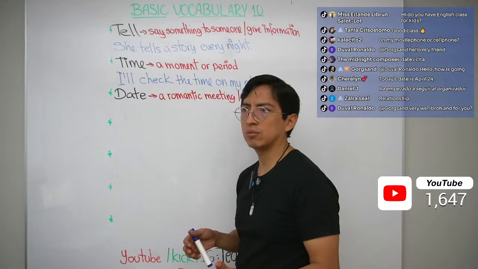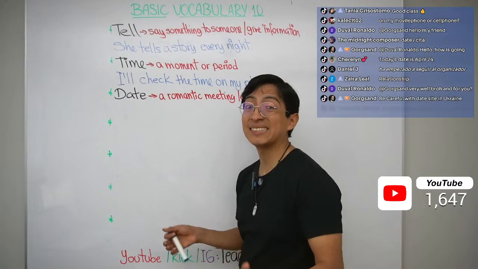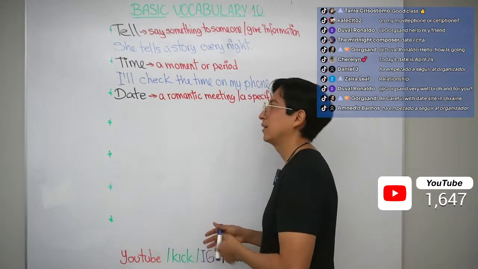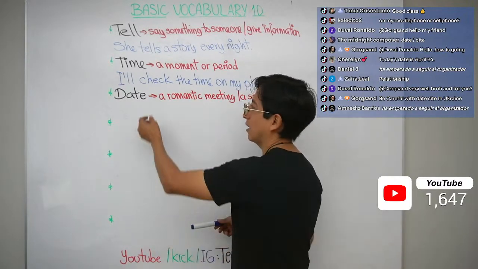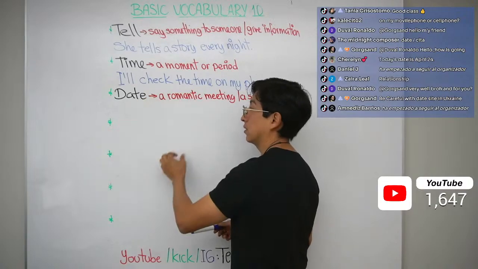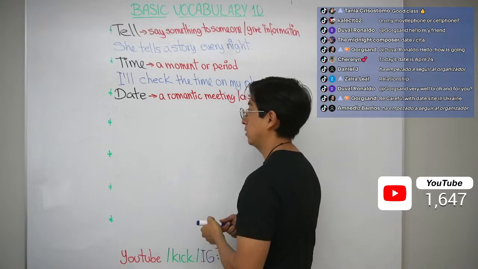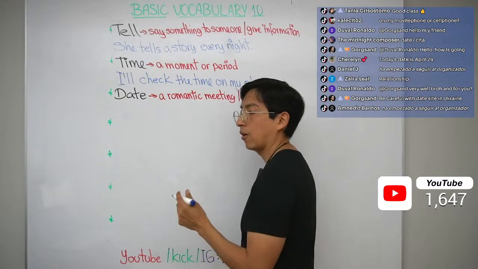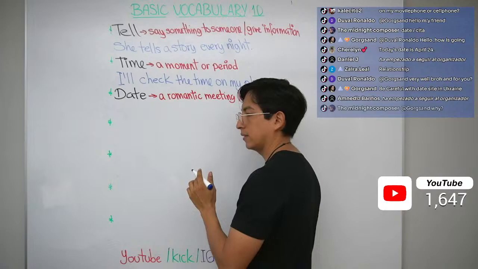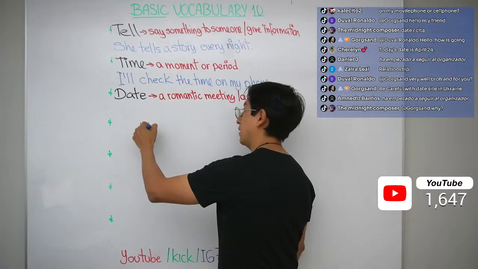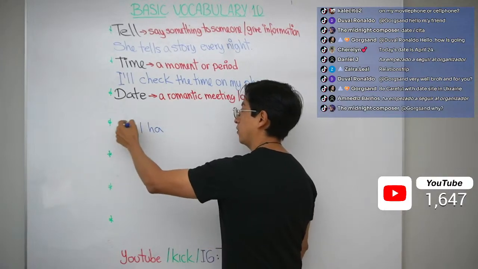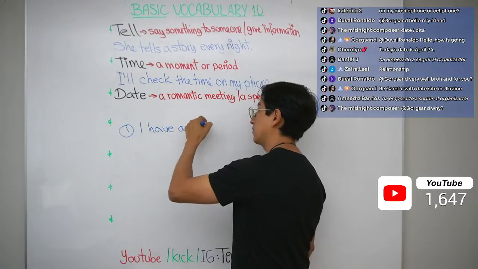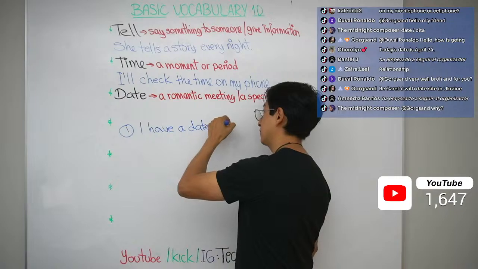Maybe you have a romantic dinner with candles, and it's a date too. So if you're single or if you have a boyfriend or girlfriend, you can have a date. Okay, now let's start with this. Okay, this is the first sentence. I have a date tonight.